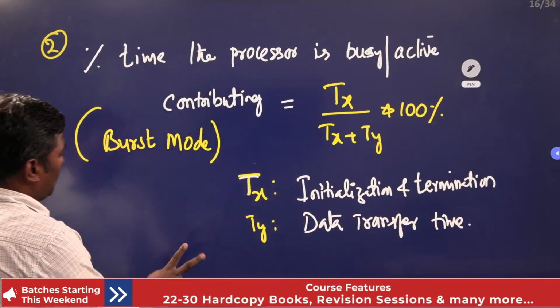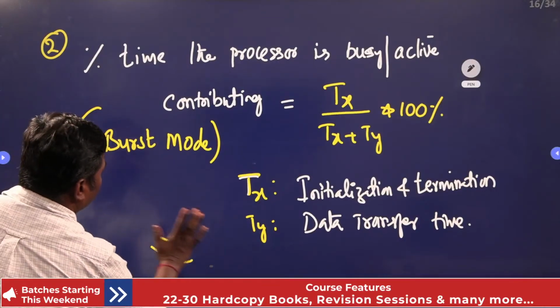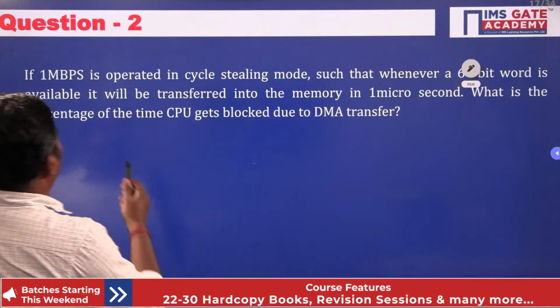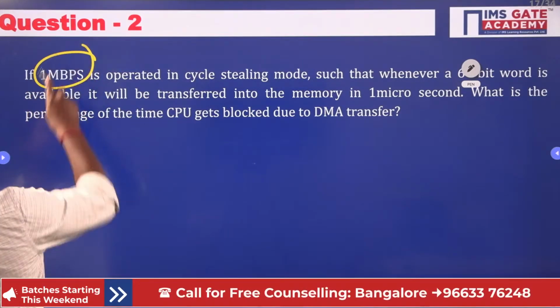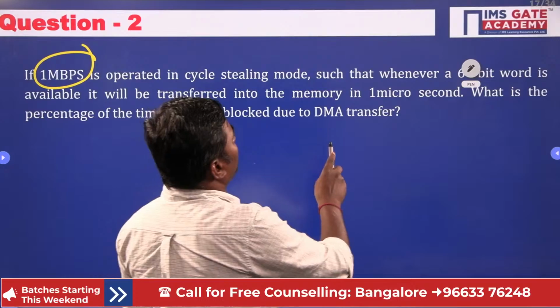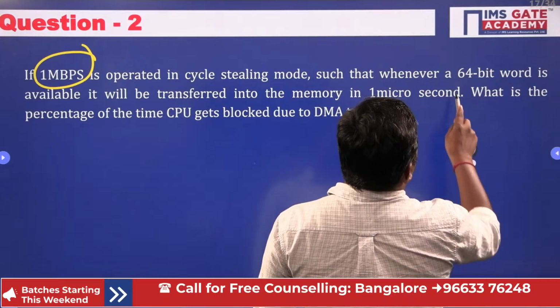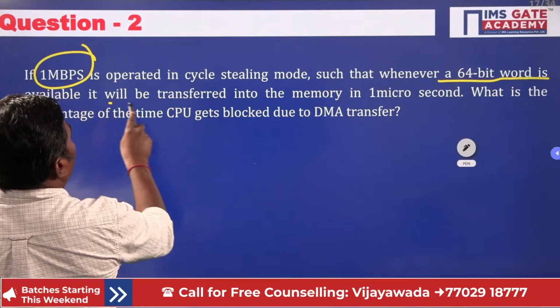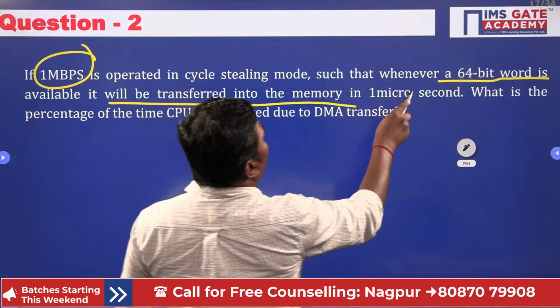In problem solving, look at question number 2. A device of 1 Mbps is operated in cycle stealing mode such that whenever a 64-bit word is available, it will be transferred into the memory in 1 microsecond.